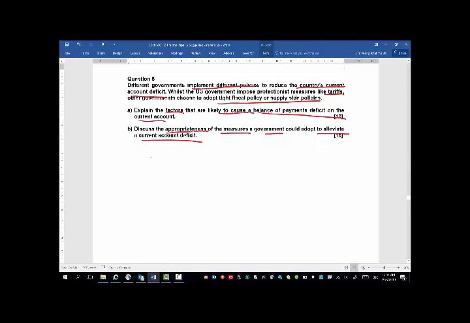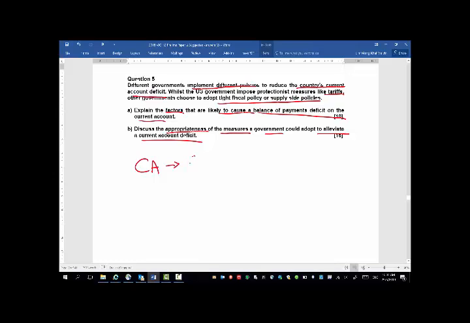All right, so when we talk about current account, what constitutes your current account? X minus M, which is part of your balance of trade, which is under your goods and services balance.